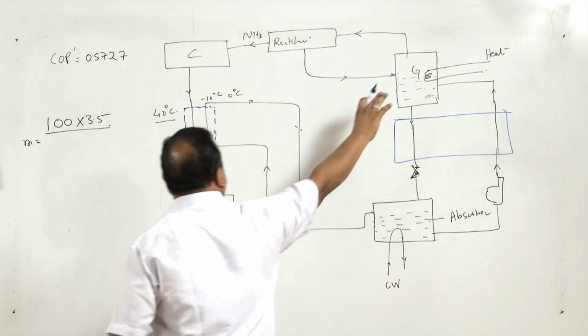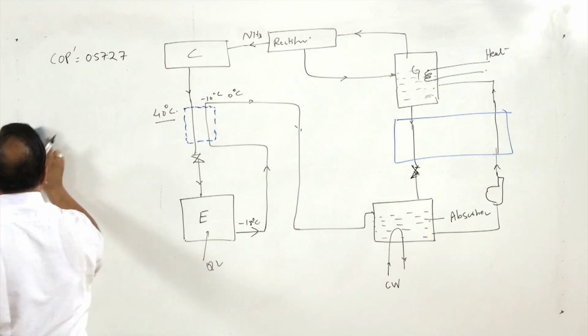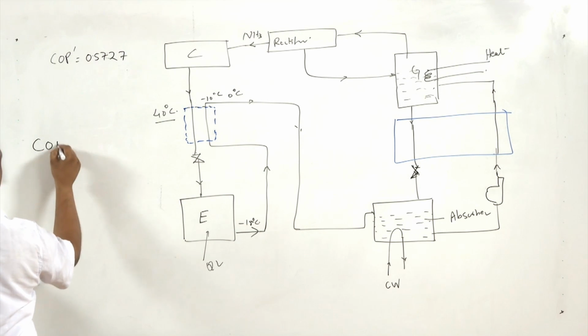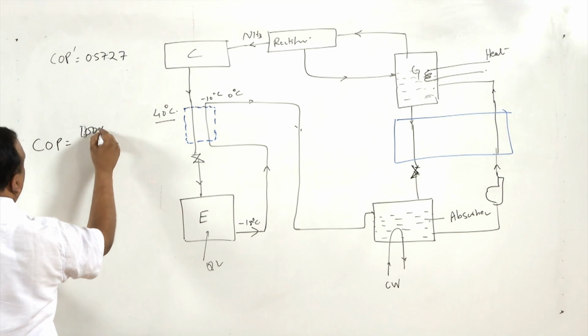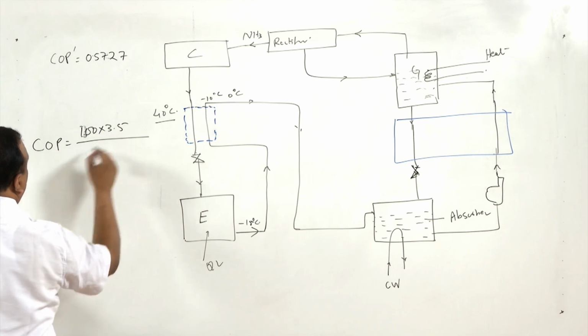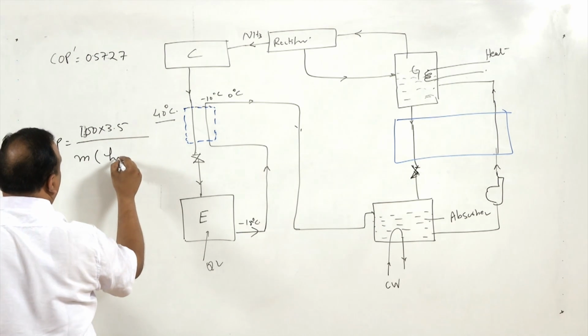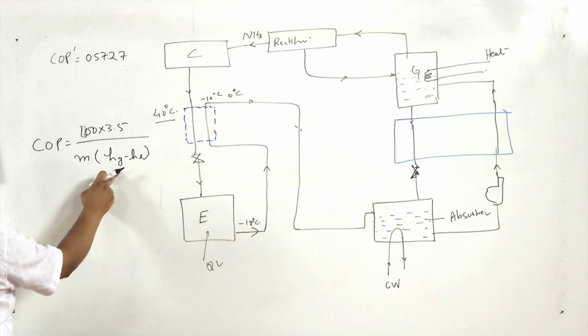is the energy supplied, so mass of the steam can be calculated as, because COP is refrigerating effect, that is 100 into 3.5, and mass of the steam multiplied by Hg minus HL, I mean enthalpy of saturated steam.